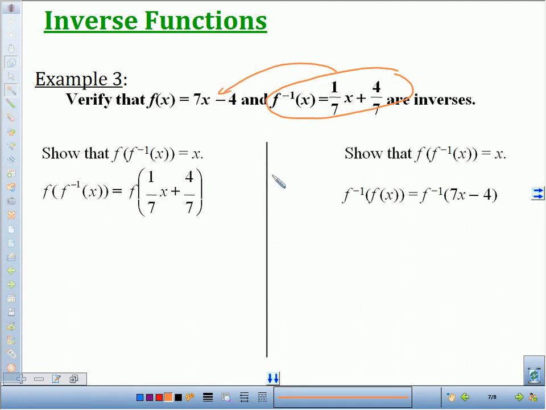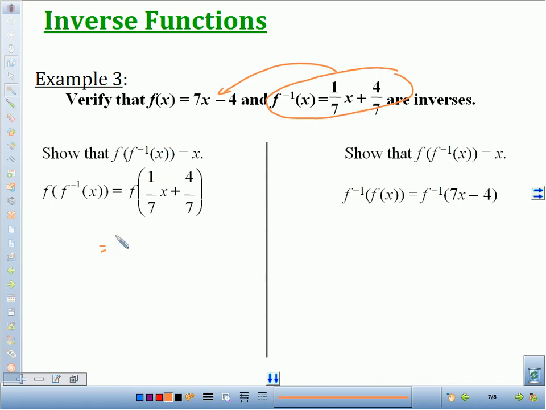We should get x. So we have f of 1 over 7x plus 4 over 7. Now, that means that we're going to replace x with 1 over 7x plus 4 over 7. So let's do that. We could put y equals, but it's a waste of my time, so I'm not going to worry about it.